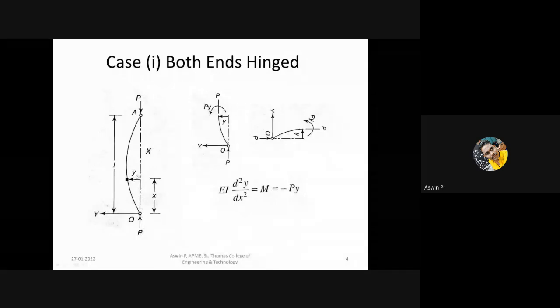Since it's a concave action, the sign will be minus. Please draw only this figure and mark this equation. Please inform me after completion of your drawing.